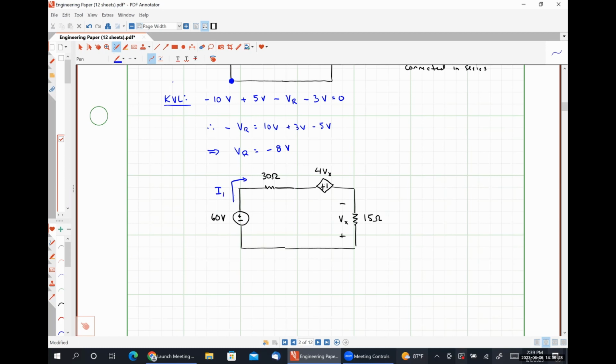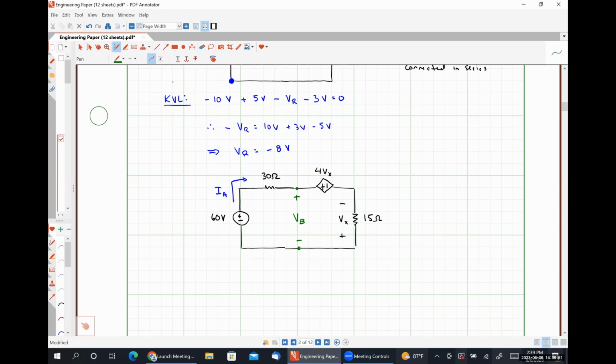I'm going to call it IA. And I also want us to find this voltage, VB, which is the difference in potential between these two points in our circuit.